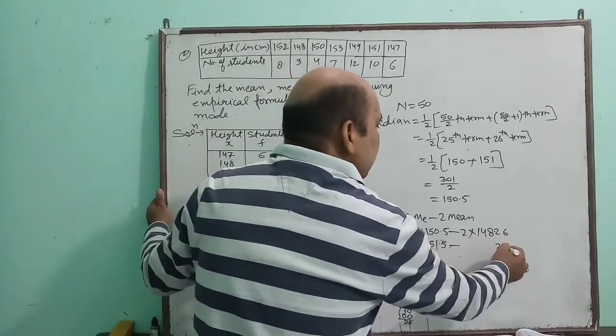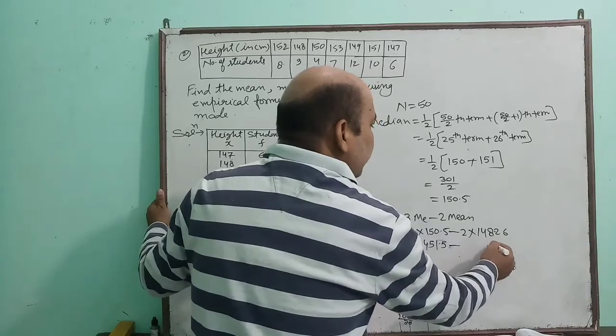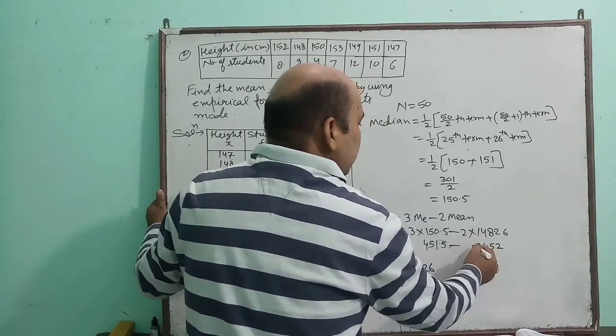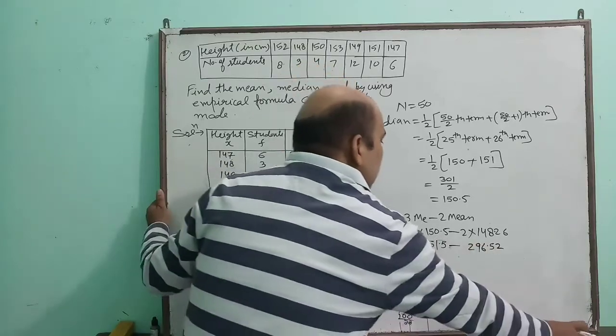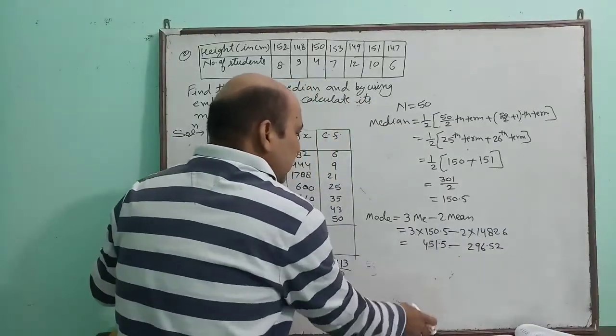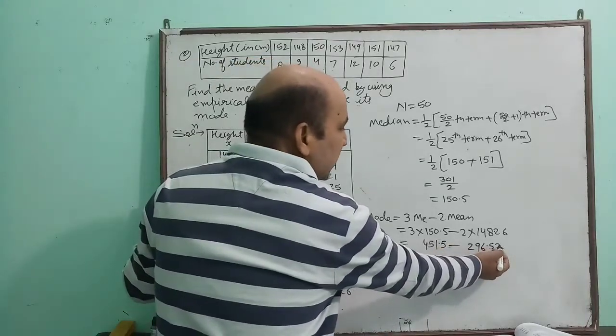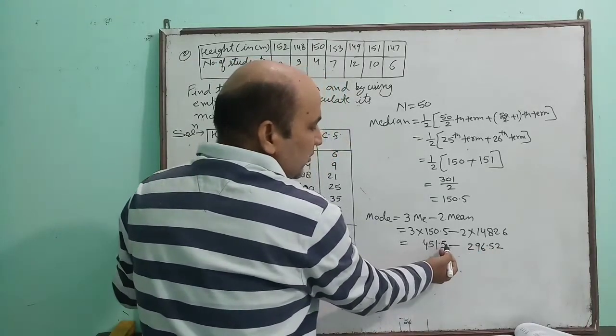2 into 6, 12, 1 carry on, 2 2 is 4, 15. 2 8 is 16, 2 4 is 8, 19, 2 1 is 2. Now subtract these two numbers and get your answer. See, after the decimal here there are 2 digits, here after the decimal only 1 digit.